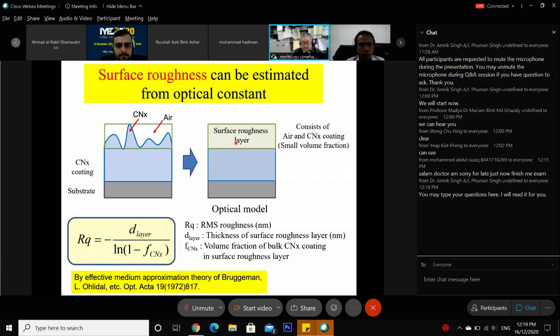So from the nk value, we can also estimate the Rq surface roughness.